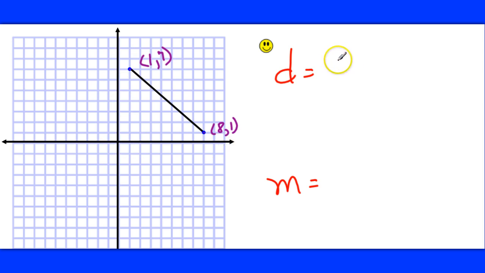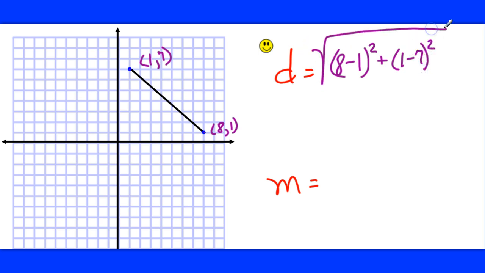Ready? The distance formula: square root of x minus x squared plus y minus y squared. 8 minus 1 is 7. 7 squared is 49.